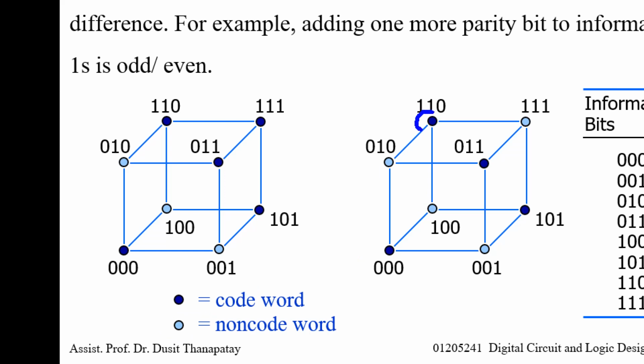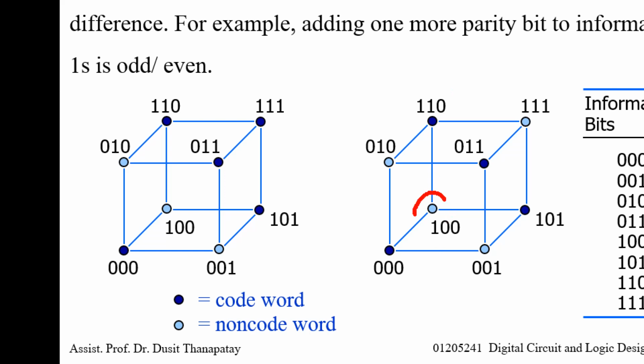So for this one, again, it represents letter C. If the error occurs at this bit, it changes to this one, which has no meaning. The receiver knows some error occurred, then requests the transmitter to send the data again. However, if this bit is changed to 0, it becomes 100 at the receiver.